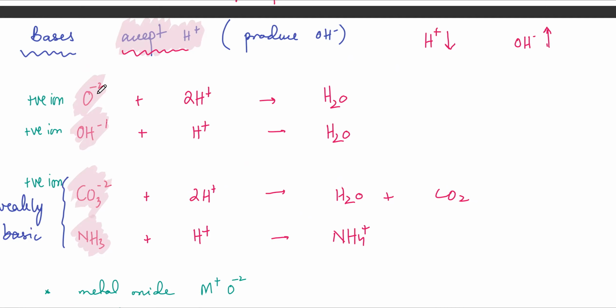Usually it's an oxide or a hydroxide or a carbonate or NH3. It's anything that's capable of accepting H plus ions. So O minus 2 can accept or gain H plus ions. It can remove H plus ions from water and decrease the quantity of H plus ions. So O minus 2 would accept H plus ions to form water. OH minus 1 would do the same thing. Carbonate can do the same thing. Ammonia can do the same thing. So they all are basic.